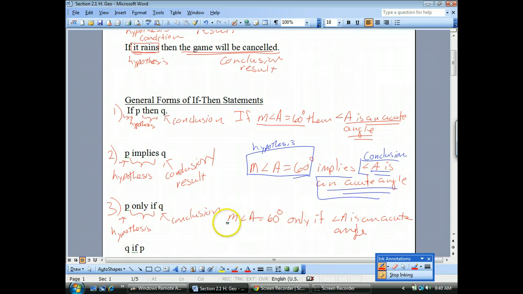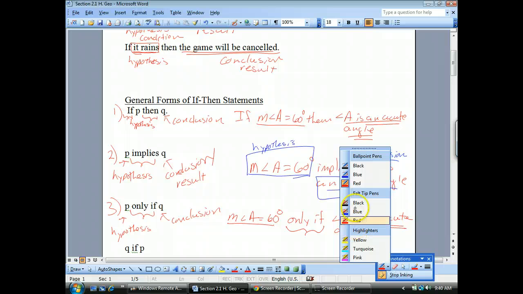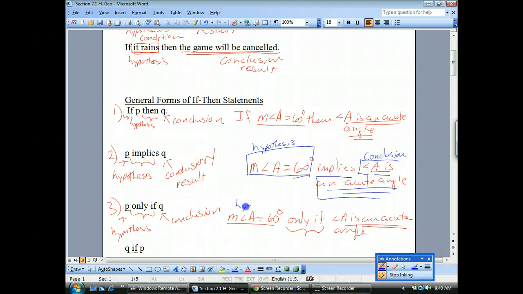So this is the hypothesis, this is the conclusion. Only if are the key terms that tell you what's in front and what's in back.